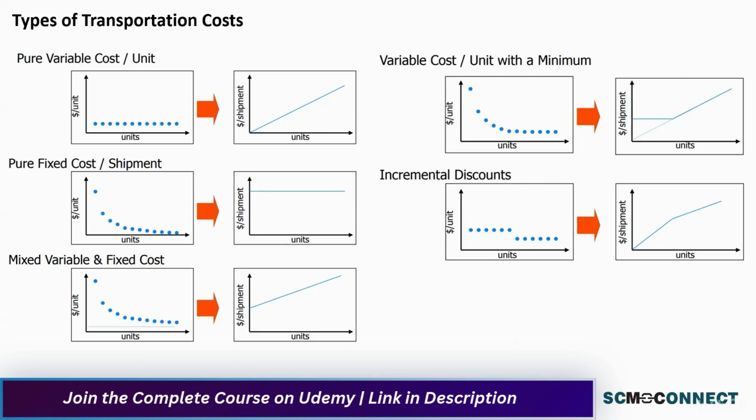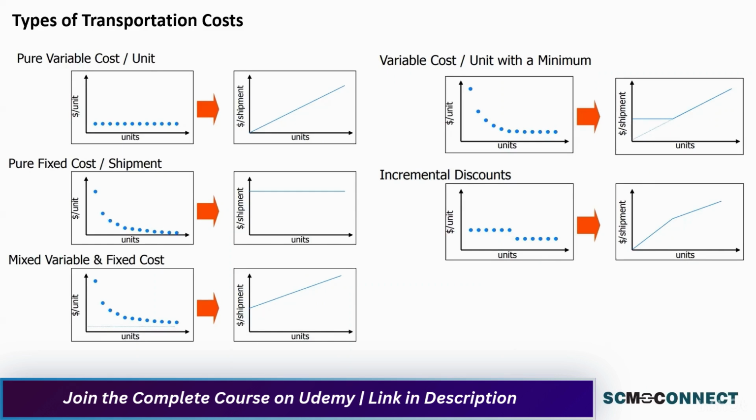So if you look at dollar per shipment, it has some kind of fixed cost that does not start from zero. As soon as you ship the first item, there is a cost attached to it, and then it becomes variable as you increase the number of items.